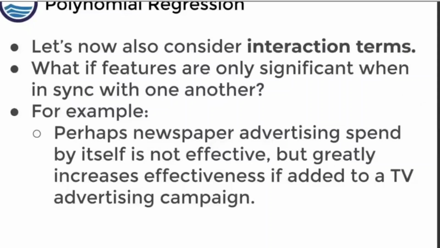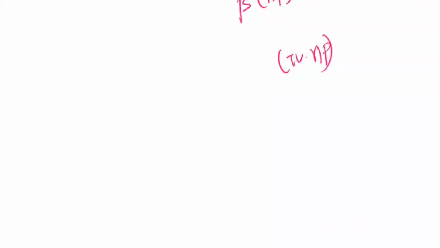Now from that, what will you understand from the beta values? Assume the beta for newspaper is 0.04, but the beta for TV into newspaper is 4.5. For every unit change in TV into newspaper, you get 4.5 units sold, whereas for every $1 in newspaper alone, you get 0.04.